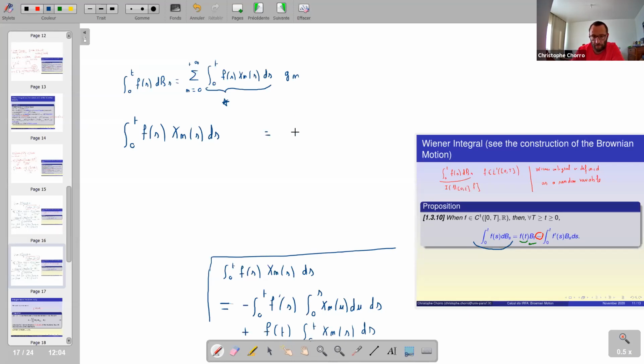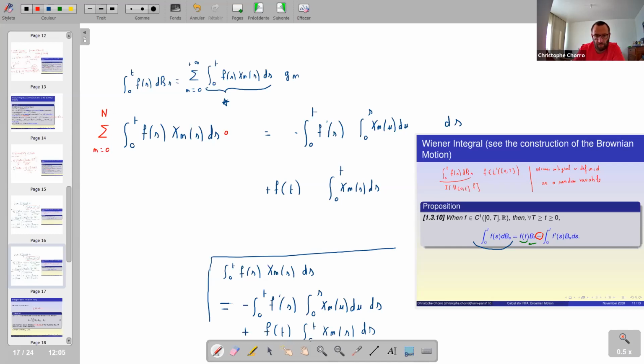It is equal to minus the integral between 0 and t of f prime of s times the integral between 0 and s of Kn of u du, and I put my ds here, you are going to understand why just after, plus f of t times the integral between 0 and t of Kn of s ds. But here I want to make the infinite sum appear, so we are going to consider the finite sums.